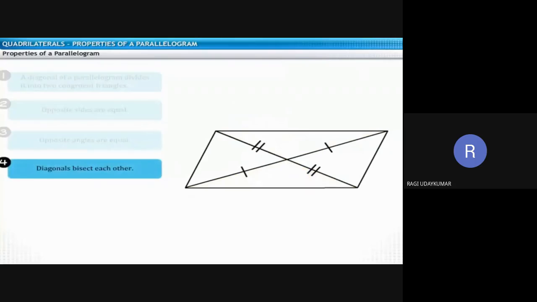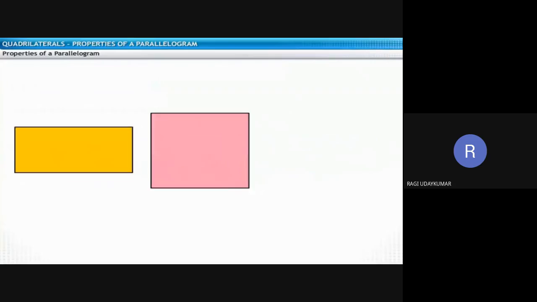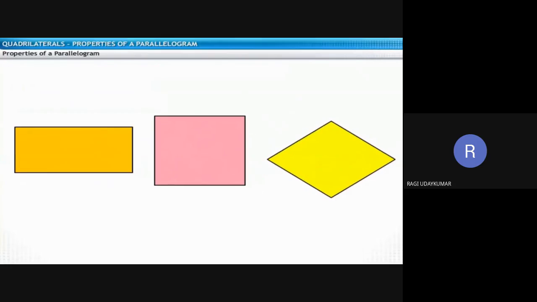SAS congruency, whatever you said, through the SAS congruency only these two triangles are called congruent. Whenever we go for the proofs, we will discuss it. So properties of the parallelogram: rectangle will satisfy all the properties, square will satisfy all those properties, and rhombus also will satisfy all those properties.